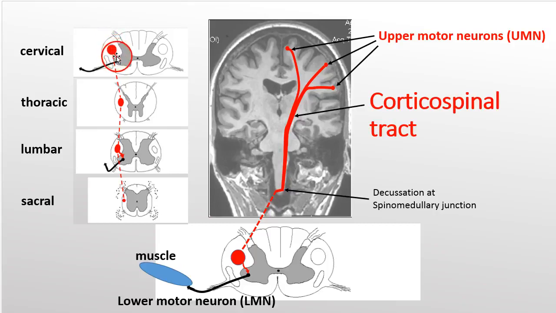And again, axons will peel off to synapse at the appropriate level: in the cervical level, in order to control movement of muscles in the hand and arm; in the thoracic levels, in order to control muscles in the trunk; at the lumbar level, in order to control muscles in the legs; and at the sacral level, in order to control lower muscles.